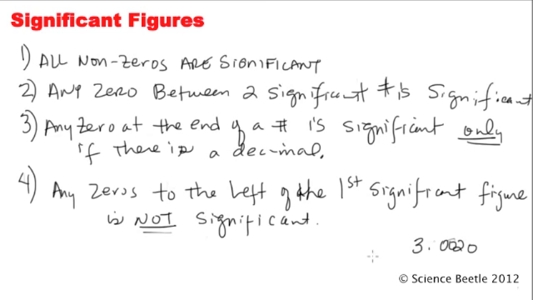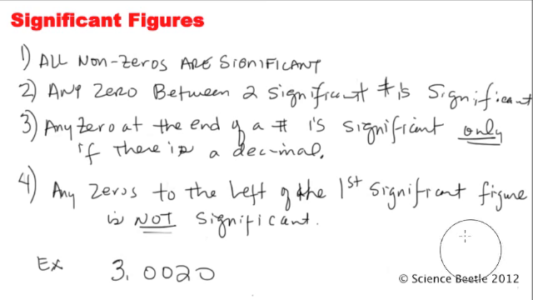All right? And so let's look at that number that we wrote before, just so that we can address it now. This number over here, the 3.0020, is an example that we're going to do. In this example, how many significant figures do we have? Well, if we look at rule number 1, all non-zeros are significant, so the 3 is a significant number and the 2 is a significant number. Then we look at rule number 2.